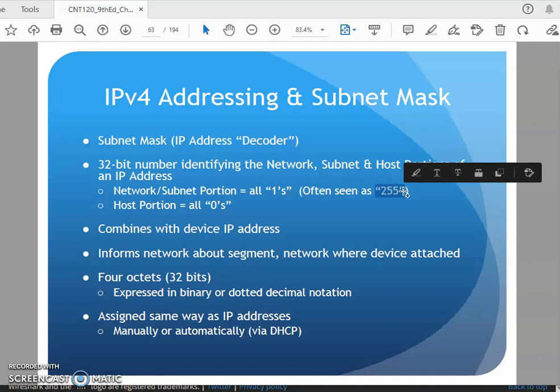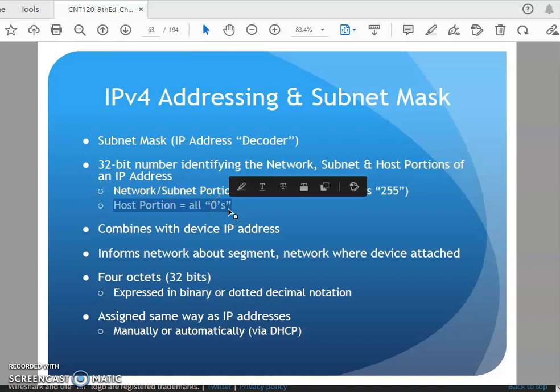So the network piece is going to be all ones in binary, or we typically see 255. And the host portion is going to be all zeros. All zeros in binary, or 0 in decimal for that matter.